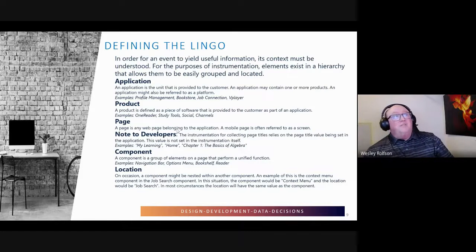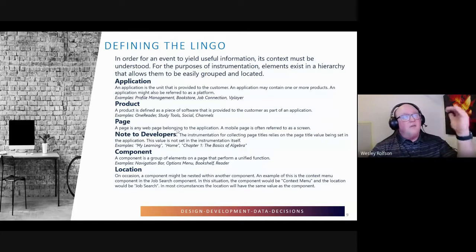Or you might define those as pages. And it just kind of depends on how you want to structure your product or your thing that people are going to interact with. So you can define these however you want. This is just kind of an example of how you might do that. And then however you organize the top level, you can also incorporate, I'm going to say application, and then we're going to have pages in my application.